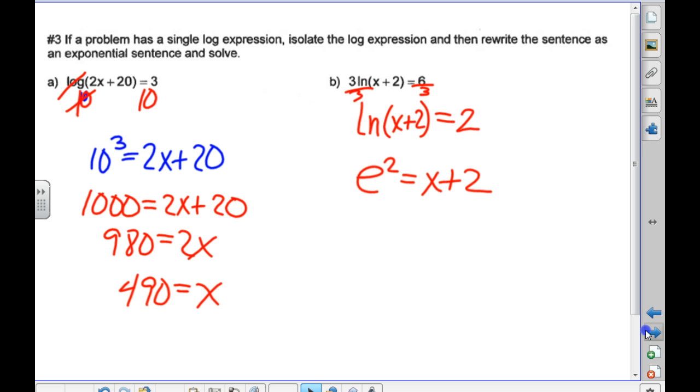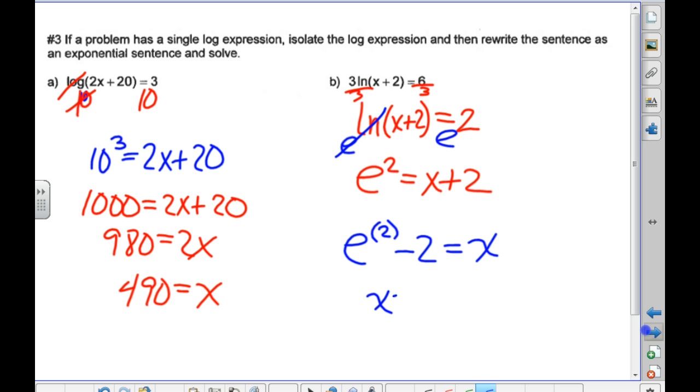If you did this to both sides, these would undo, and you'd have x plus 2 equals e squared. Same thing. So it's e squared minus 2, whatever that is. If you wanted an exact answer, that's what you would write down. Anybody have a decimal for me? 5.3. Thank you. I heard too many voices on top of each other. Everybody agreeing that that's the right answer, though?